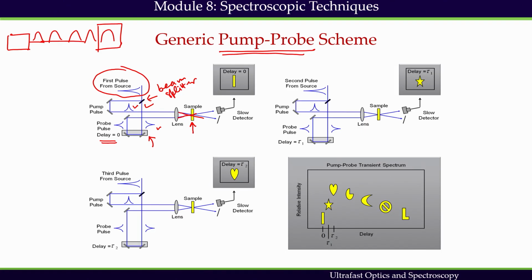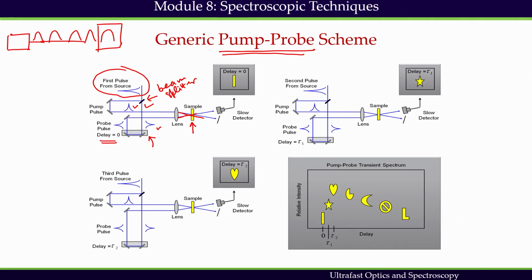And this time evolving nature is manifested here by different shape of the sample. Let's say sample shape is changing. It's a hypothetical idea to develop the basic understanding of the pump probe scheme. We are assuming that the pump pulse is inducing a change in the sample, and the change is manifested by different shape of the sample.